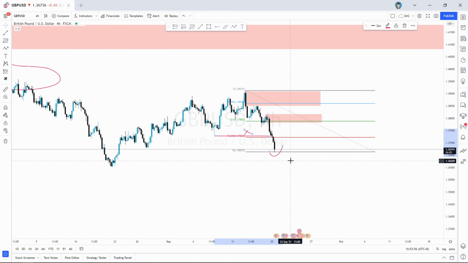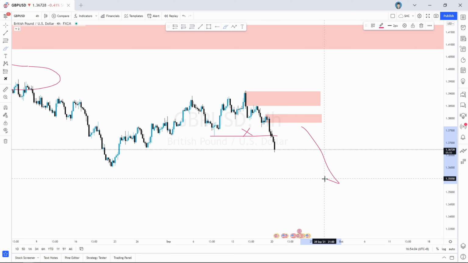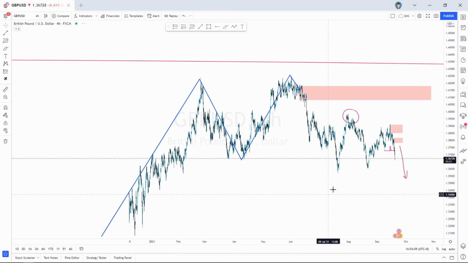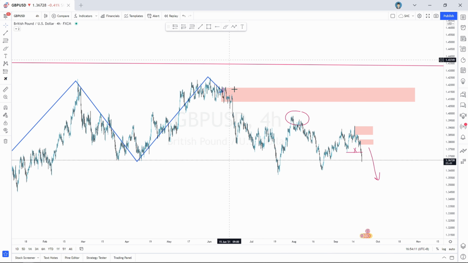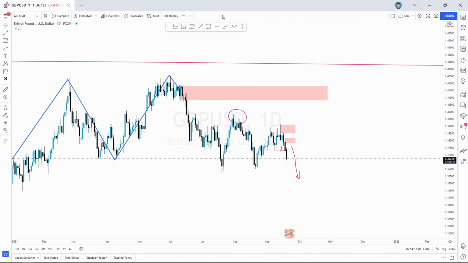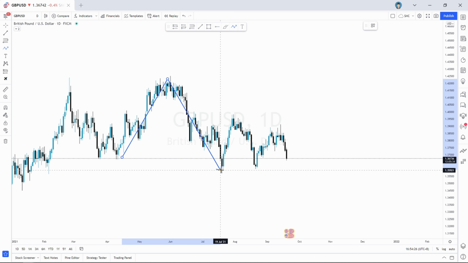At the same time, if you remember, so right now in the 4-hour, we broke the structure, so we're expecting bearishness, right? At the same time, if you remember, the daily was forming bearishness too. The daily broke this higher low, so created a lower low.